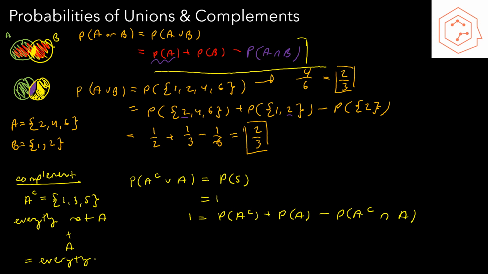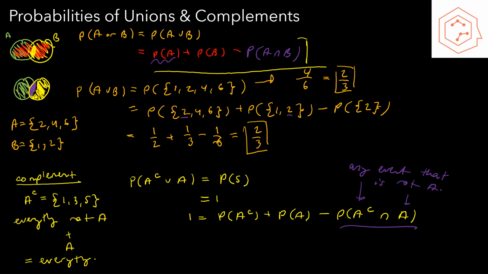Now we need to think about this. The probability of A's complement and A occurring at the same time. A is an event, and A's complement is everything that's not A. So any event that is not A. So if A's complement occurs, then A did not occur.